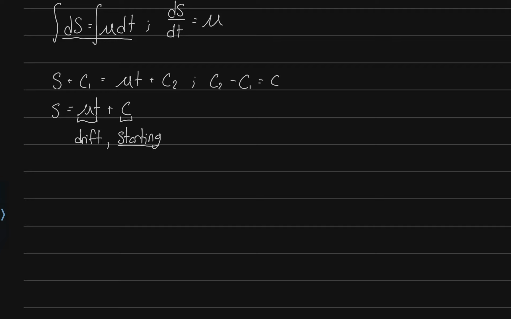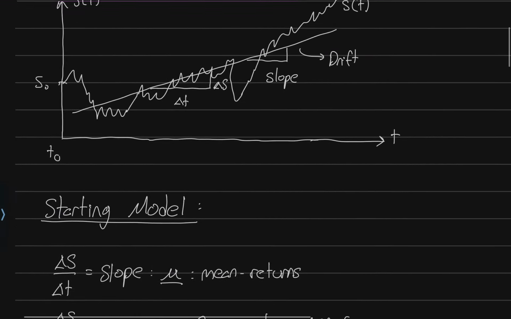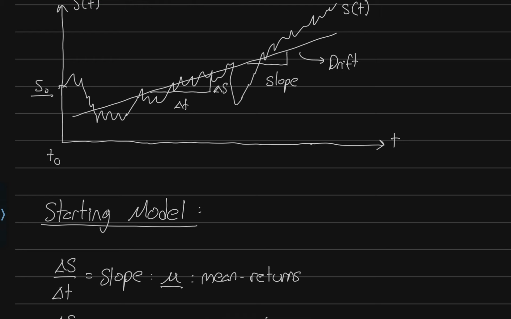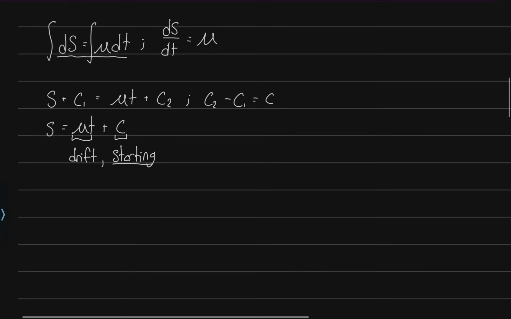Now, in the model we drew, we have a starting point, which we're going to denote as S0. So if we just plug that in, we have our stock price as a function of time is equal to mu t plus S naught. Cool.